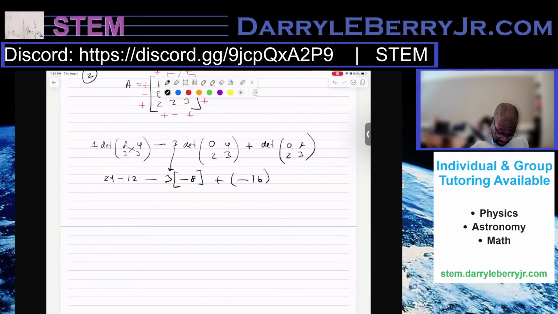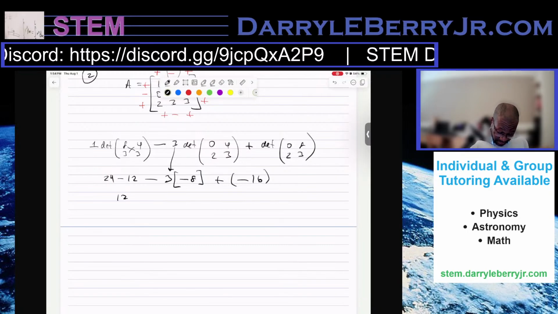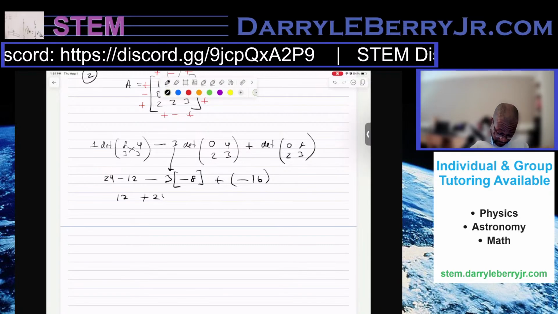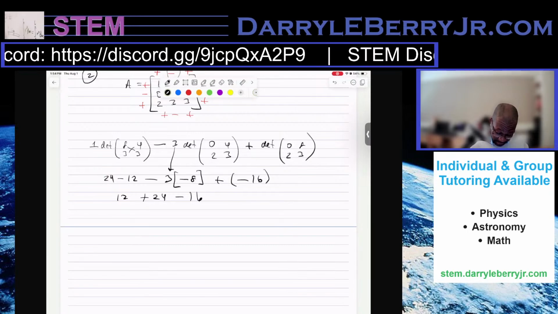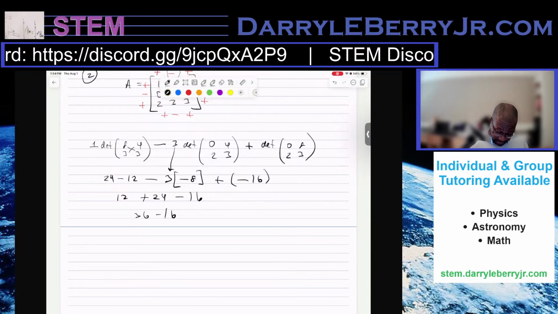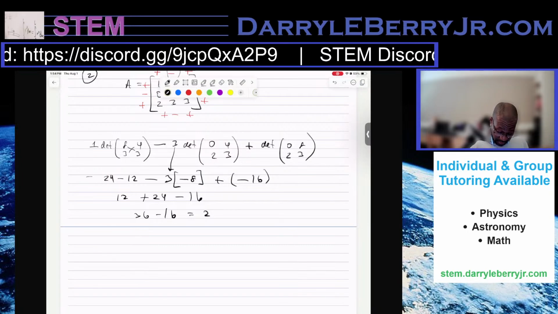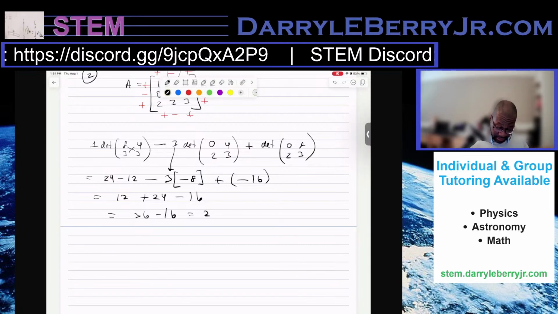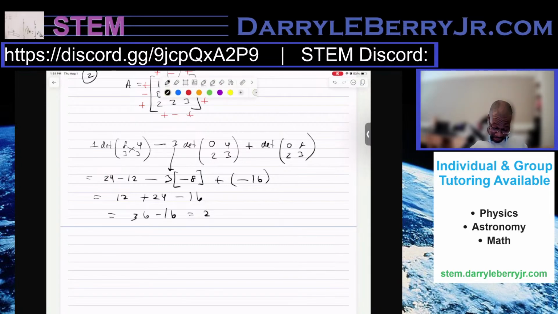So this is going to be 12 plus 24 minus 16. So that's 36 minus 16, so that's 20. If you looked at the solution set, I remember it being 20.